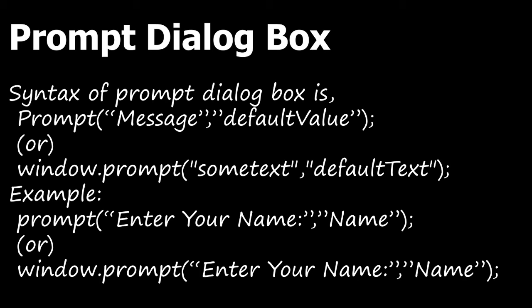In that place whatever we are typing will be saved there, right? So here, as we saw in alert and confirm, we are using the prompt keyword, and inside the bracket, inside double quotes, message and comma, and inside another double quotes we are going to give the default value or default text, right?